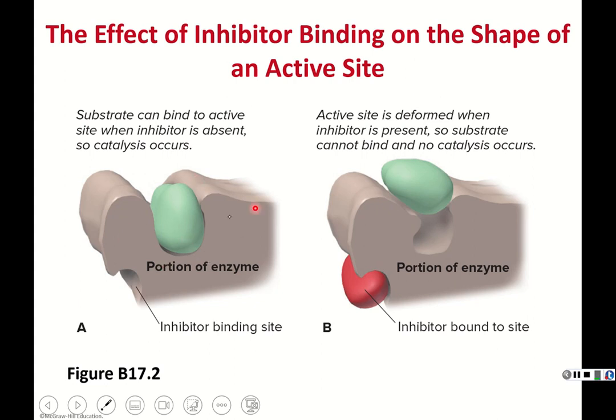So this structure here is our enzyme. The active site is where our molecule goes in, in this case threonine, and gets converted to isoleucine by this enzyme. Our inhibitor now binds to a different site on that enzyme, and it will change the active site shape so your threonine now can no longer go in.